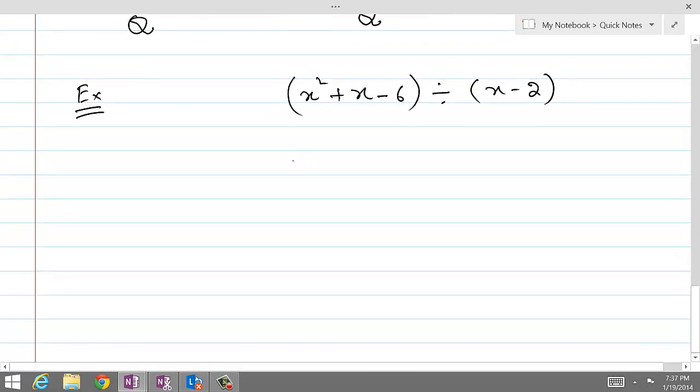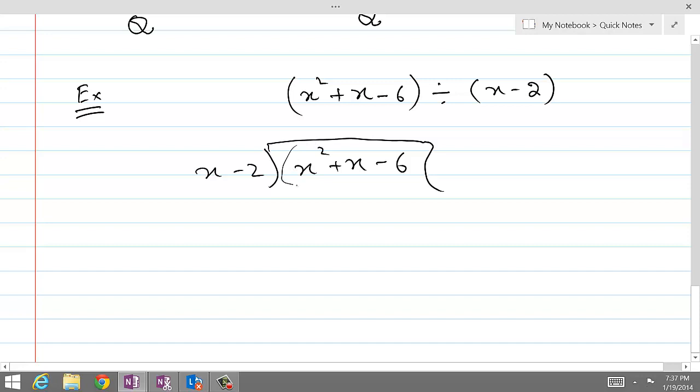So x square plus x minus 6 inside the dividend, and then put a division sign, write the divisor, which is x minus 2, and now identify that we want to make this out of this number.